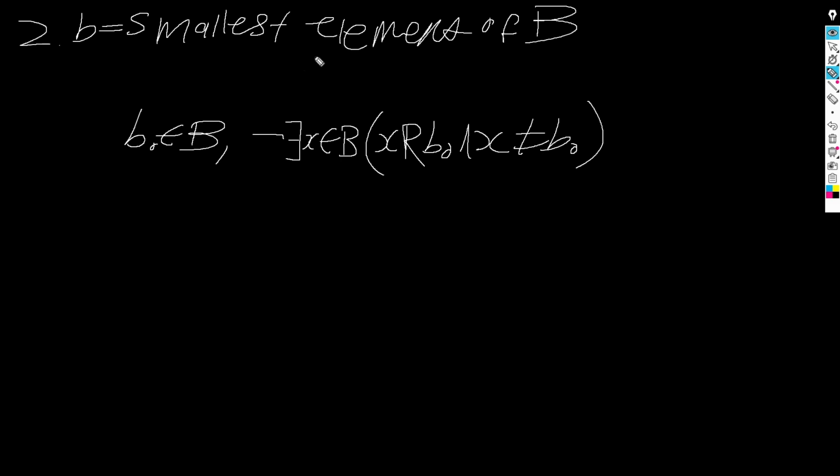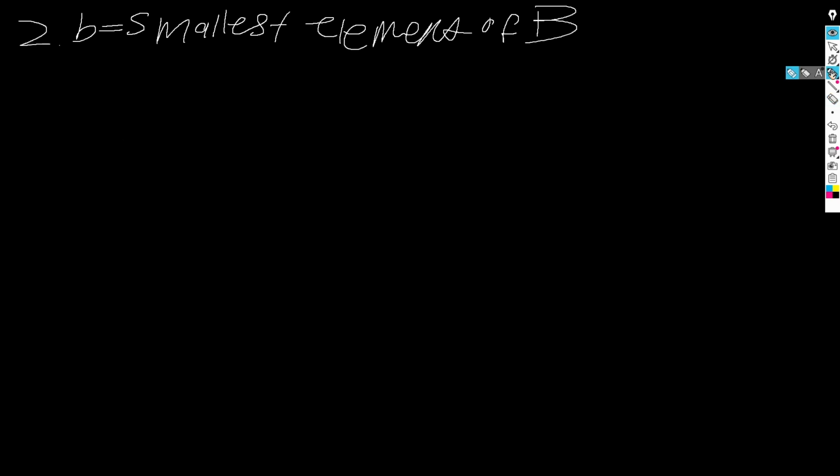Well, since E is the smallest element of B, then we know that E is R related to B0, since B0 is in B. So this means B0 is not equal to E. But since there does exist an x in B where this is true, that leads us to a contradiction, meaning there does not exist anything else in B that is also a minimal element. So we got that E is the only minimal element.